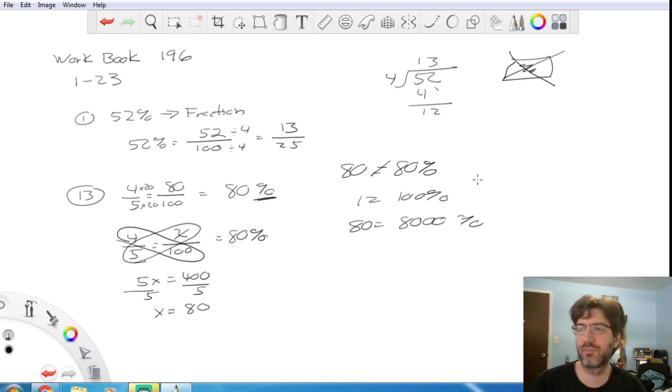I don't know why it's confusing to people, but it is. It tends to be confusing because when we get into operations and stuff like that, most formulas that you have are going to turn your percent into a decimal before it uses that, and that's incorporated into part of the formula.